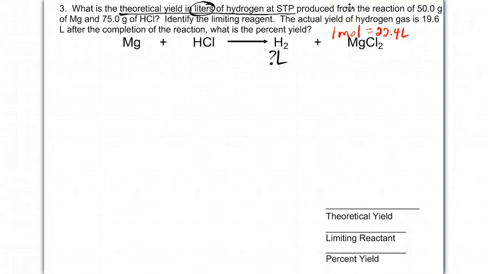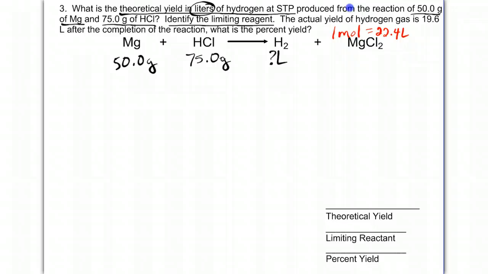We also are given 50.0 grams of magnesium and 75.0 grams of hydrochloric acid. So we don't know which one is our limiter or which one is our excess, so identify the limiting reagent.